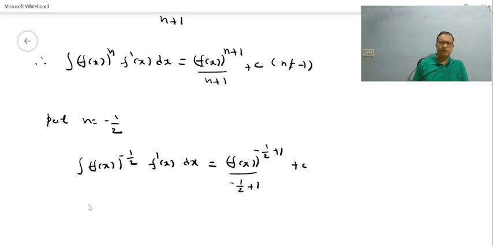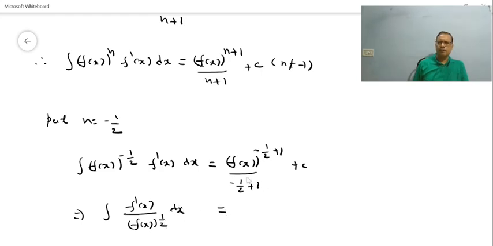So this is equal to the integral of f'(x) divided by (f(x))^(1/2) dx, since (f(x))^(-1/2) can be written this way.